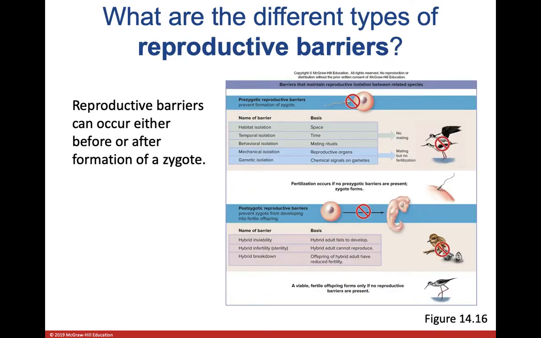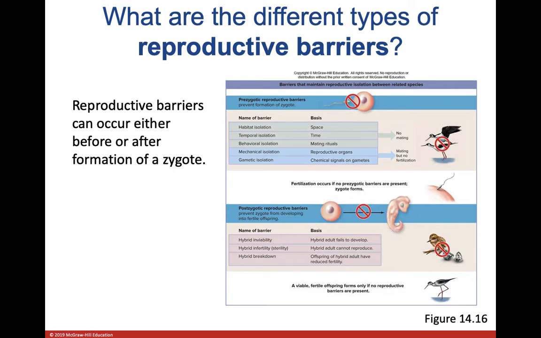Now, how do new species occur because of this? Well, eventually, when all of those organisms have to interbreed with themselves in their new area, evolution's going to say, hey, it's colder over here, you need to grow more fur. It's a little brighter, you need to become a darker color so you can blend in.